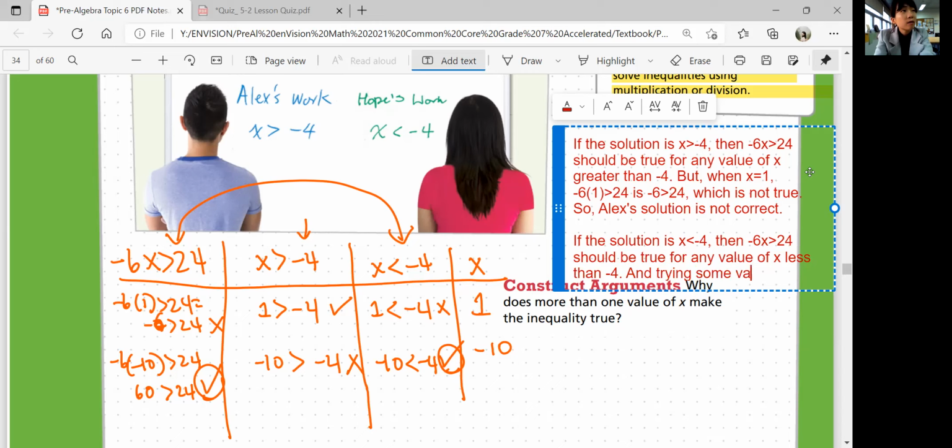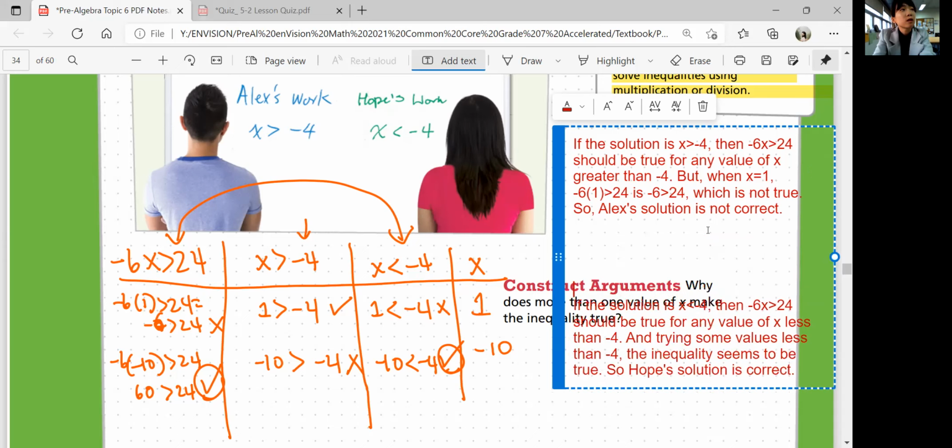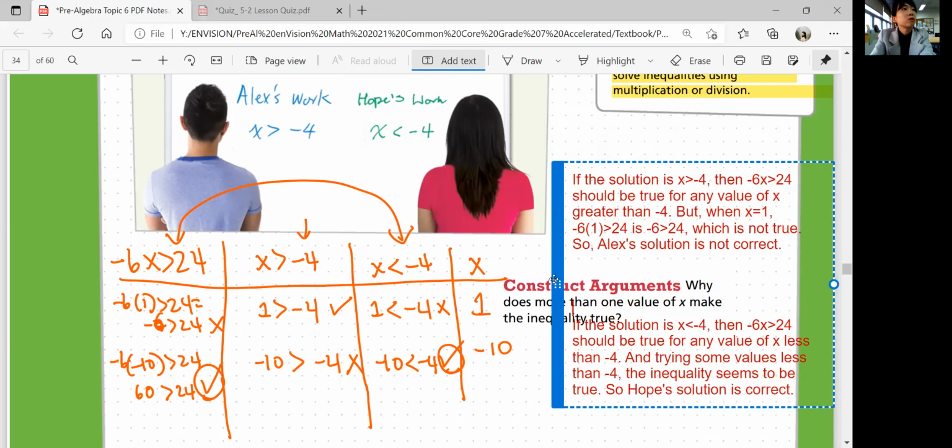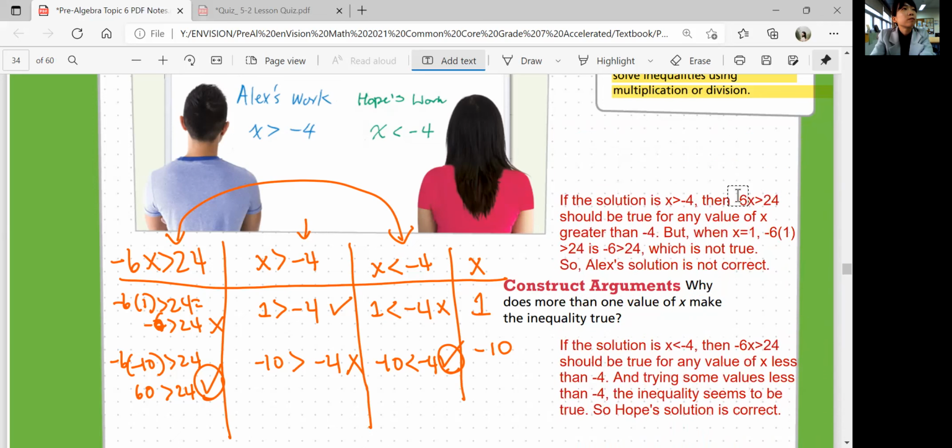Trying some values less than -4, the inequality seems to be true. So Hope's solution is correct. Let me put some spaces in there so that you can easily see, or I can just move this. There. Okay.